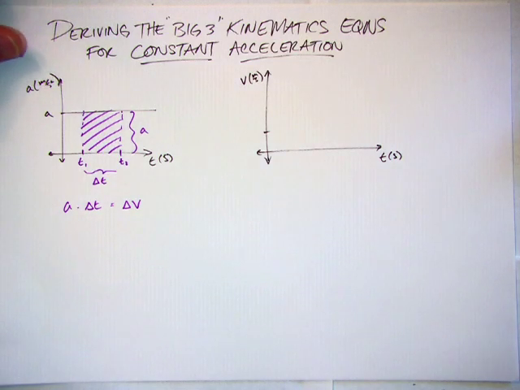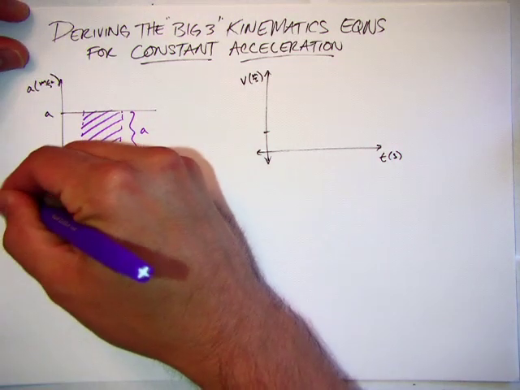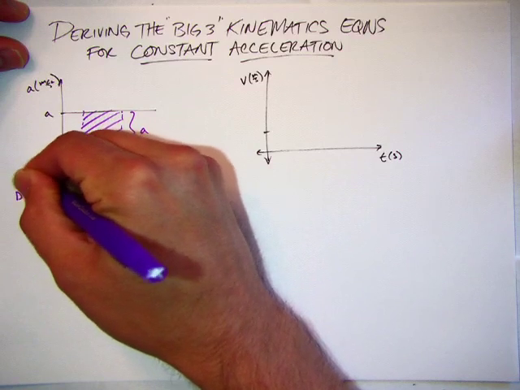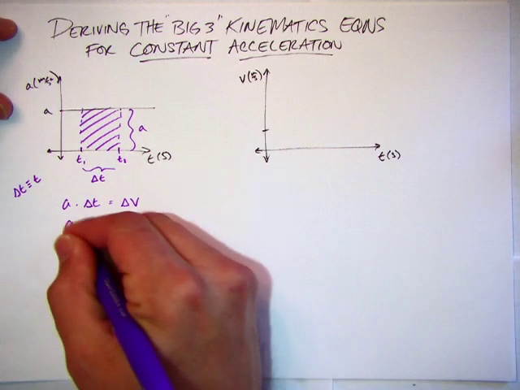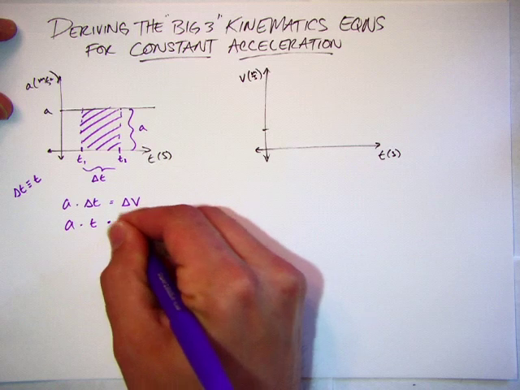Now, to keep things a little simpler, we're going to use t for delta t in these equations. So whenever you see time interval, we're talking about time elapsed, or t. So acceleration times time is change in v.